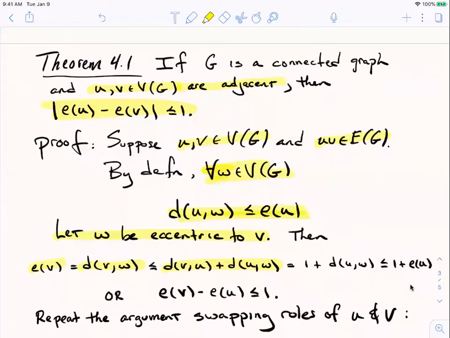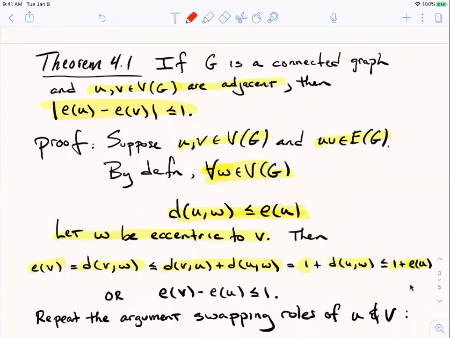The distance from V to U is 1 because U and V are adjacent, so I'm just replacing that with a 1. And the distance from U to W, we said right up here, is no more than the eccentricity of U. I'm not really doing anything to that 1, I'm just replacing.